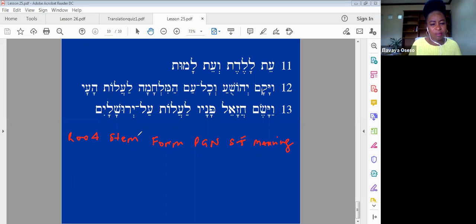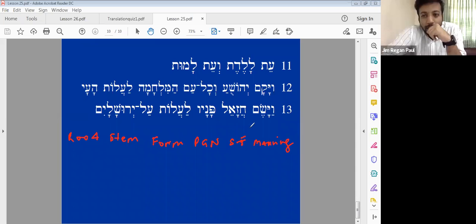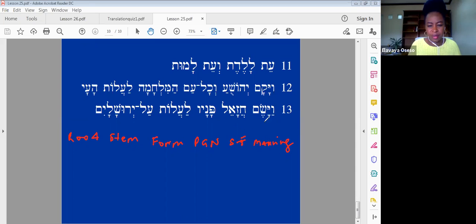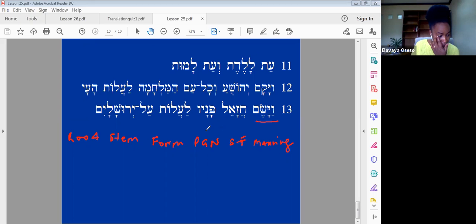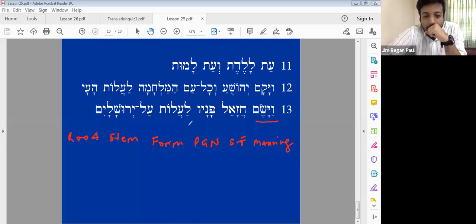Can you see the verbs in the sentence? Tell me which are the verbs in the sentence. Shem? And which other one? Do we have another verb? Yes, we have. Allah. Yes.